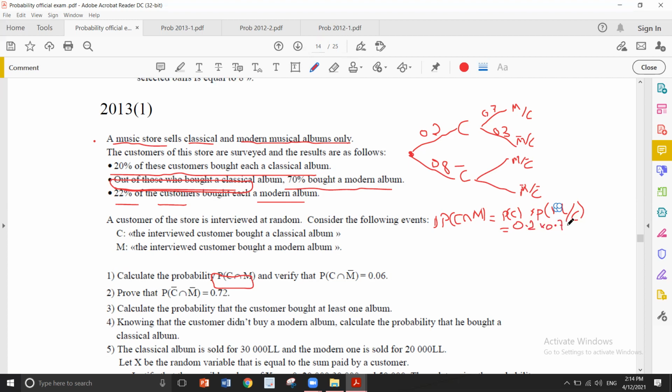How much would that be mentally? 0.14. The probability is never greater than 1.